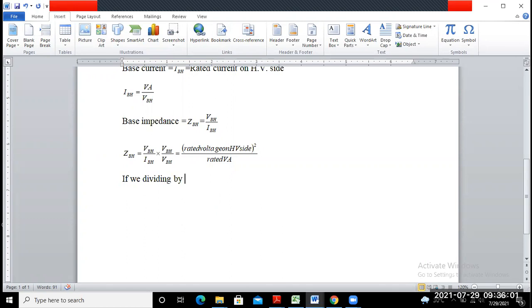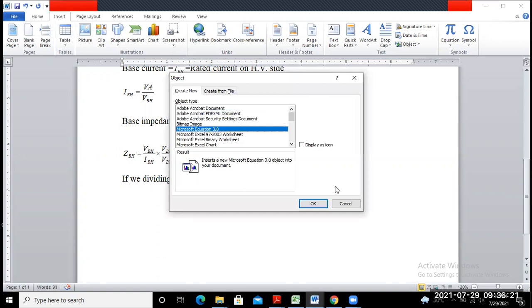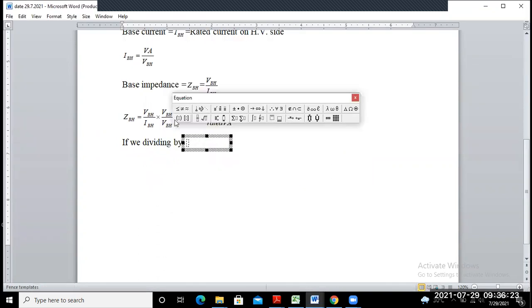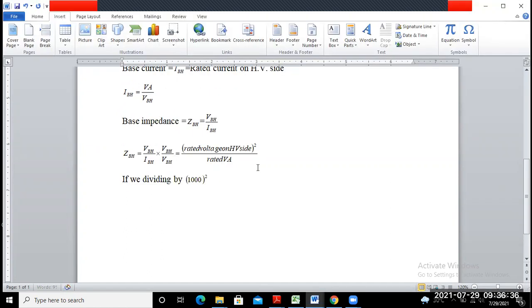So 1000 whole square, in numerator and denominator. Okay, numerator and denominator.